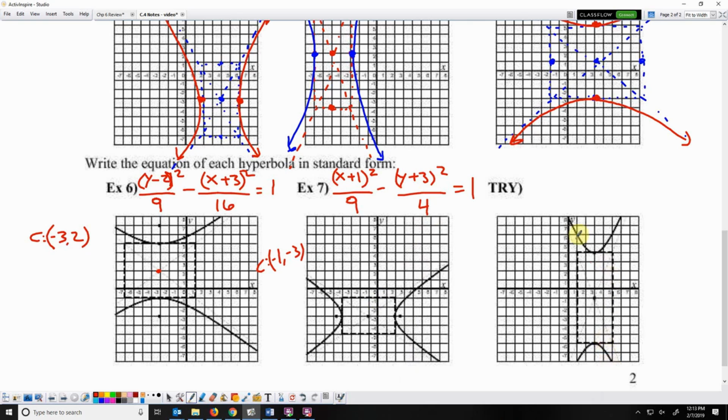And for my last equation, it's vertical again, so y. The center of this hyperbola is 3, -1. So y plus 1 squared over something minus x minus 3 squared over something equals 1.